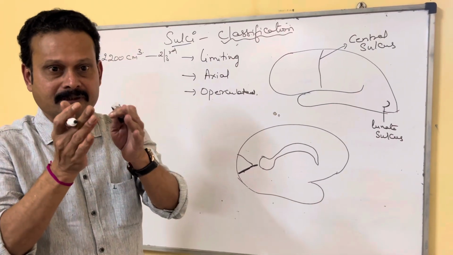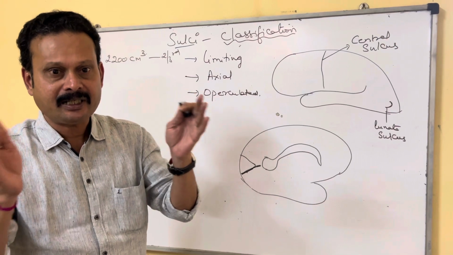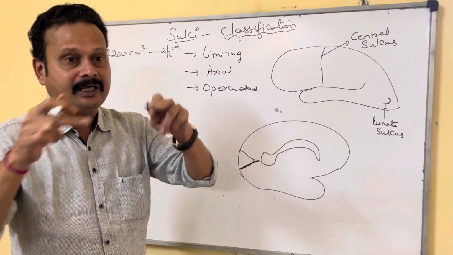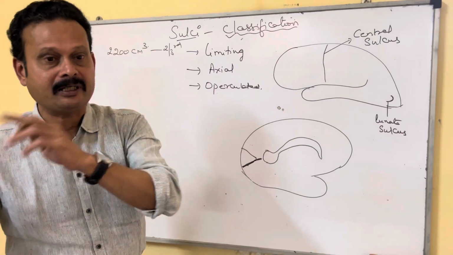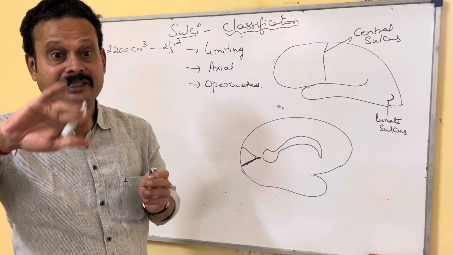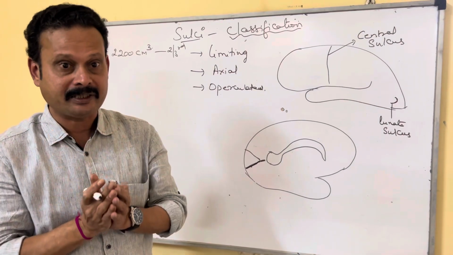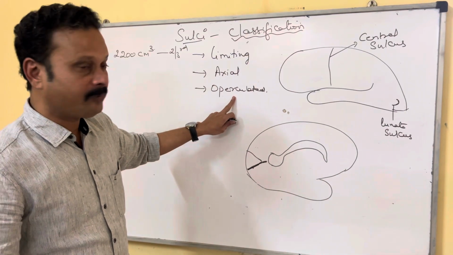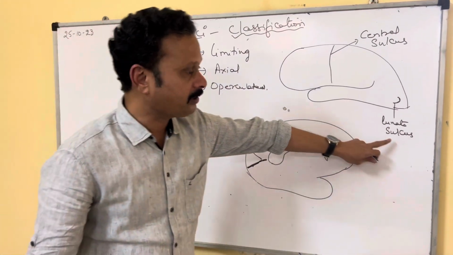Its lips separate the striate area from the peristriate area, that means the lips are separating area number 17 from area number 19, whereas its floor contains the parastriate area, that is area number 18. This type of sulcus is called operculated sulcus, and the example is the lunate sulcus.